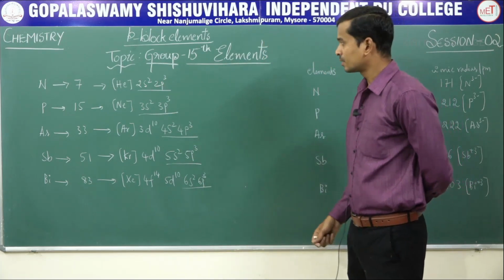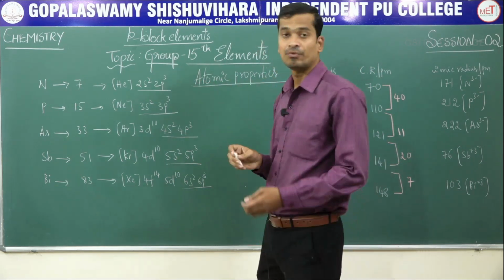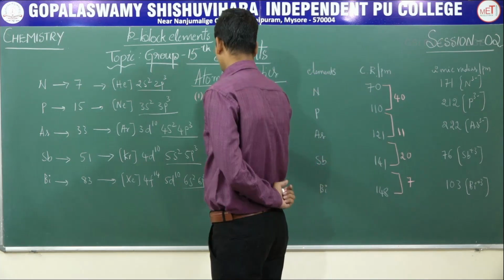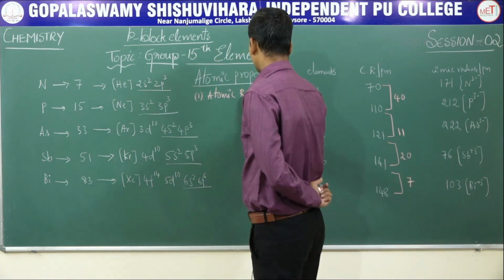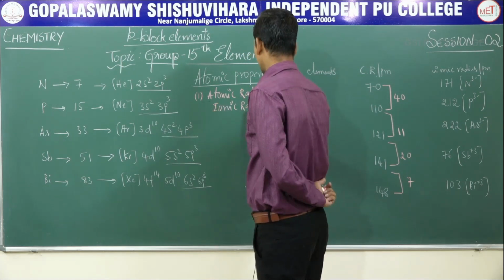Next, move on to atomic properties of group 15 elements. The first property is atomic radius and ionic radius.